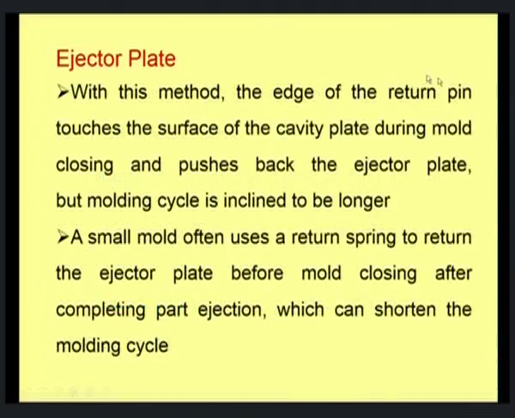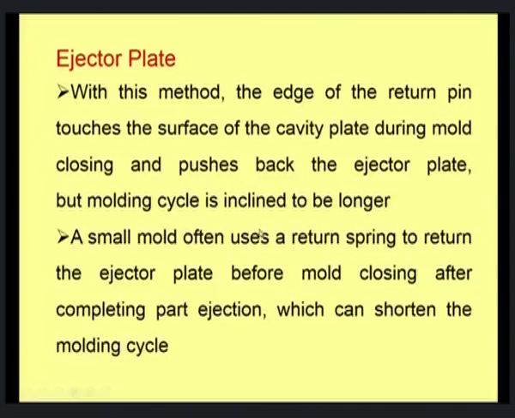So, with this method, the edge of the return pin touches the surface of the cavity plate. We will see what the cavity plate is. In any mold you have one core plate and a cavity plate. Cavity plate is normally provided on the top and the core plate on the bottom. The edge of the return pin touches the surface of the cavity plate during mold closing and pushes back the ejector plate, but due to this design the molding cycle would look as though it takes a longer time to complete.